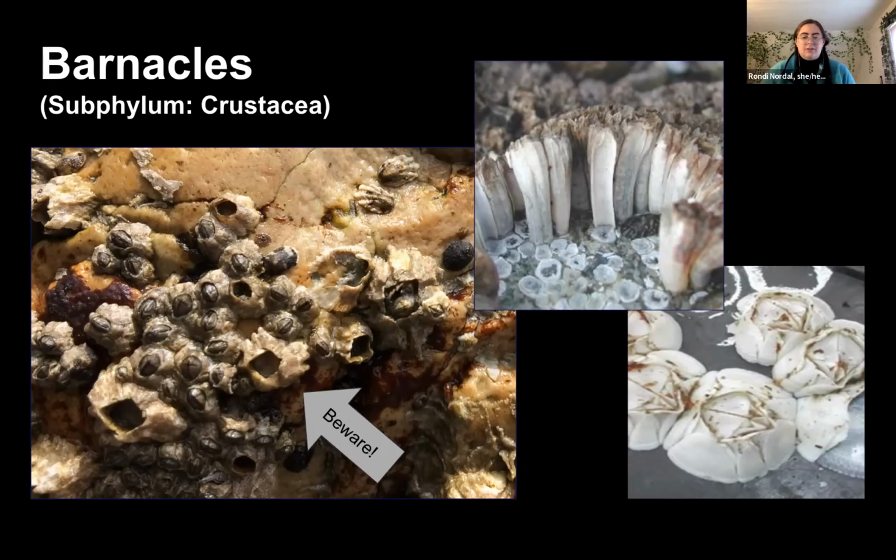And you can tell if they're dead, for example, by whether or not they're empty in the middle. So in this photo, for example, you can see ones that have nothing in them, they're empty and they kind of look dark in the center. So yeah, we don't record dead barnacles, but the live ones are part of our percent cover. And again, sometimes it can be really hard to tell in the field, so feel free to call someone over if you have questions.